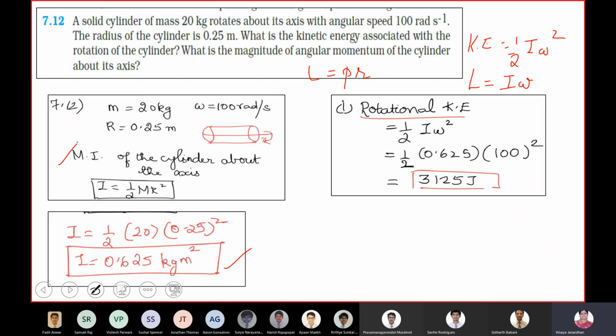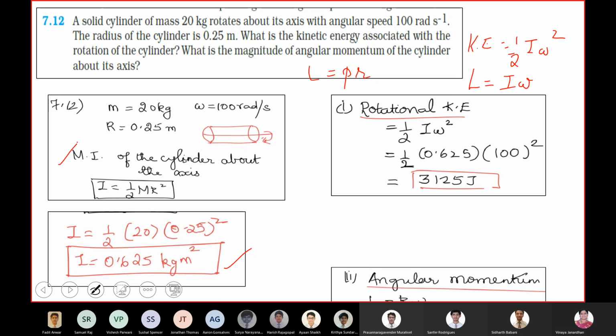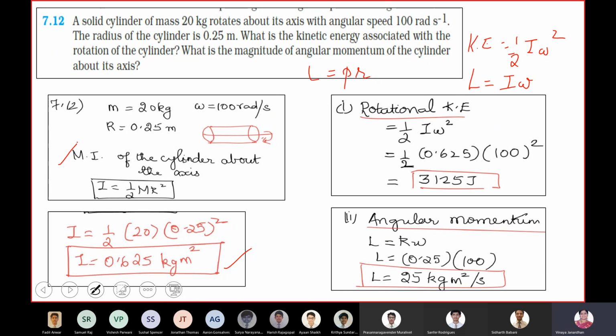Then in the same way you can calculate your angular momentum. It is I omega. So what is the value of angular momentum? Is this what you are getting? Sorry, boys, one second. 0.625.